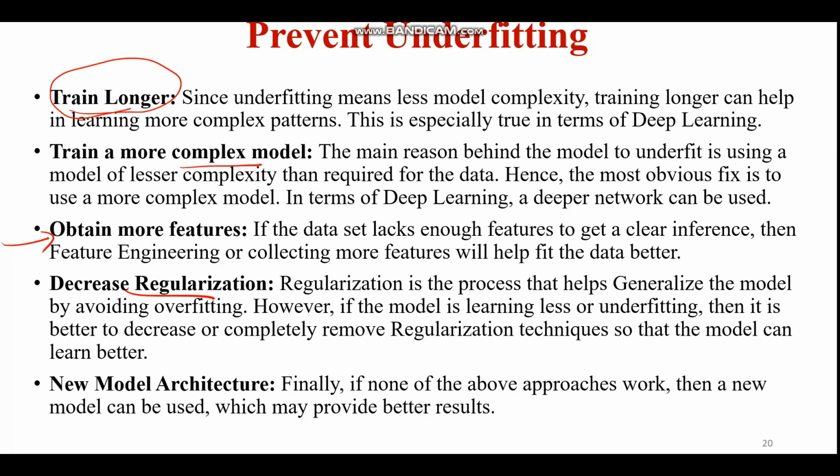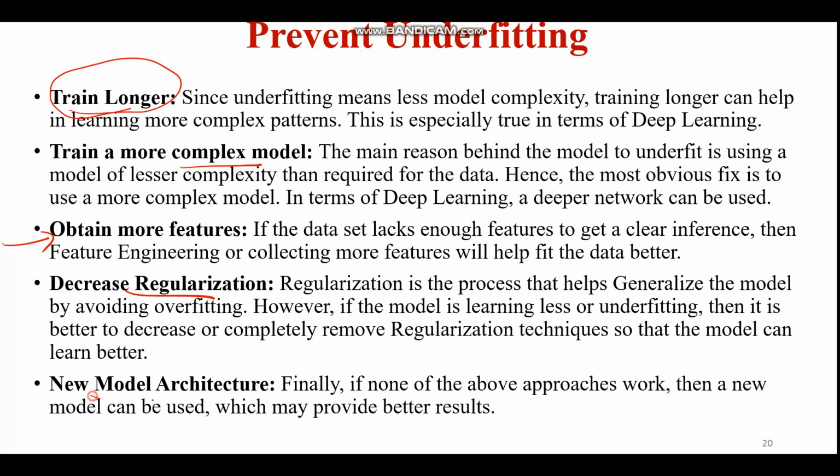And to overcome the problem of underfitting, we can decrease the regularization, which is a process that helps generalize the model by avoiding overfitting. So if the model is learning less and underfitting, then it is better to decrease the complexity of regularization and remove regularization techniques.